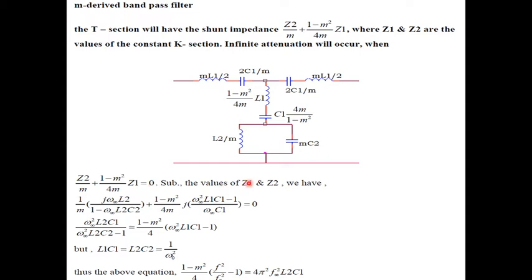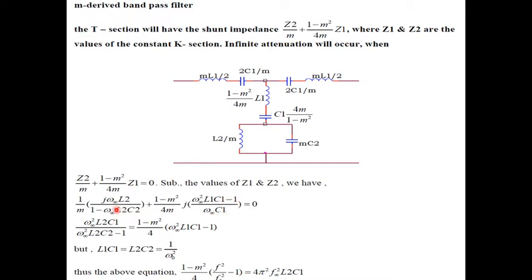Substitute the values of Z1 and Z2. So the Z1 we know, then Z2 value we know, so we are going to substitute the Z1 and Z2 values in the expression. So 1 by m, here 1 by m, j omega infinite into L2 by (1 minus omega square into L2 C2), plus (1 minus m square) by 4m, j omega infinite square L1 C1 minus 1 divided by omega infinite C1.